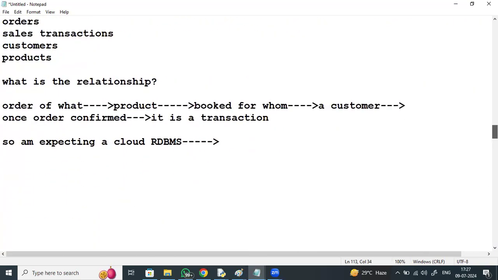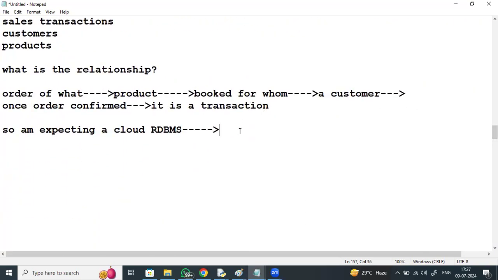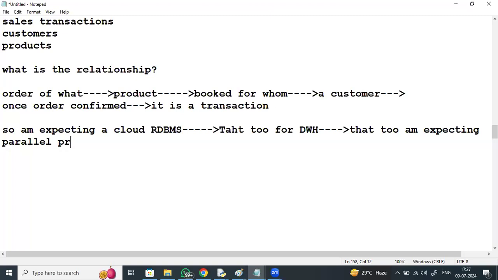Now I'm expecting a cloud RDBMS, that too for data warehouse purpose, that too with parallel processing.